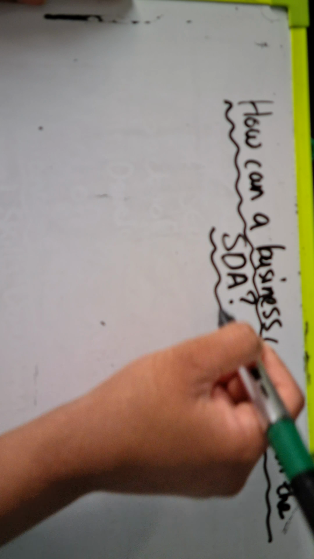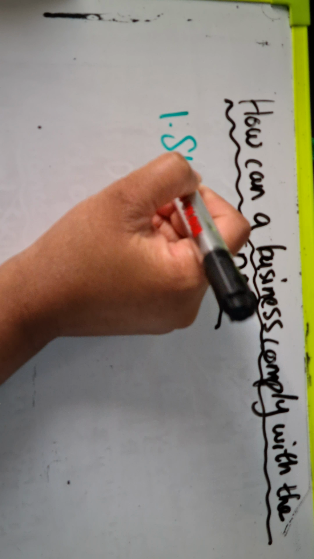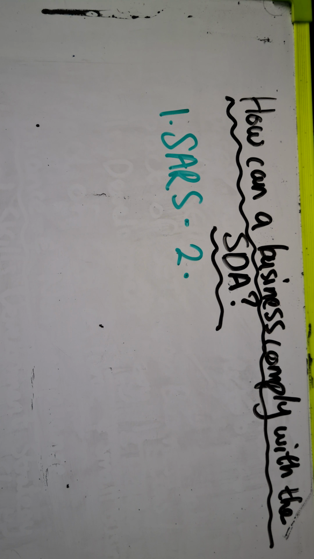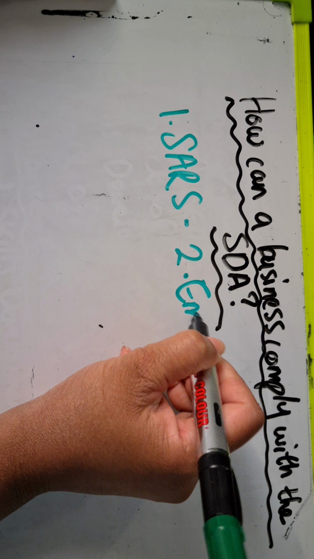What are the factors that make it possible for a business to comply with the Skills Development Act? Number 1, a business should register with SARS. Number 2, employees need to be registered with SARS in order for a business to claim back after training.